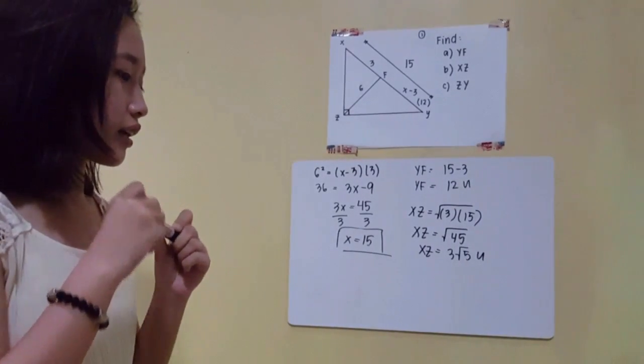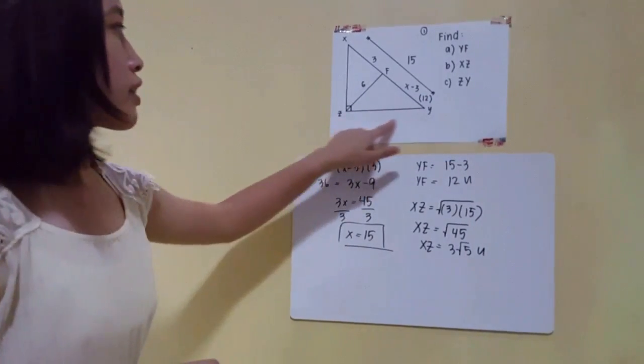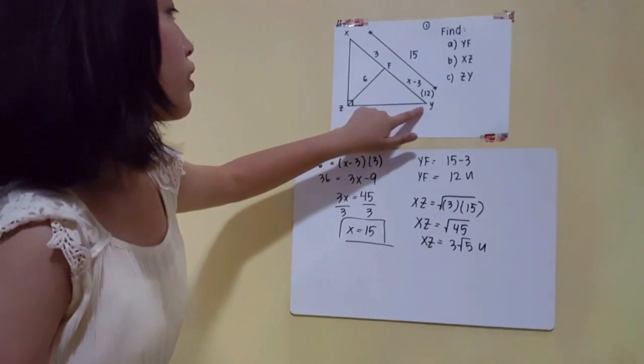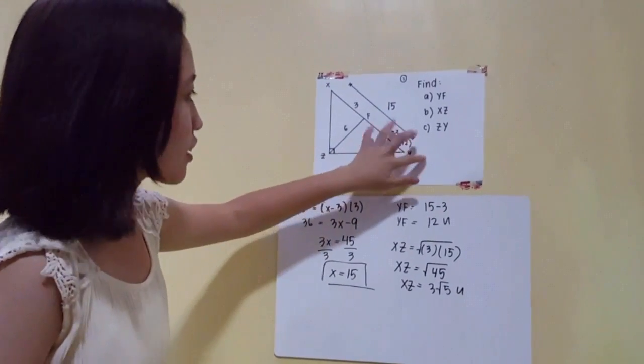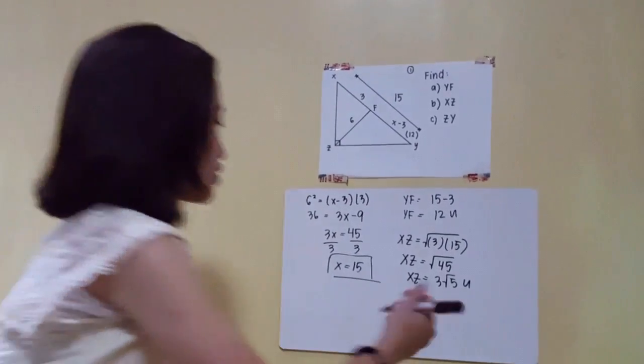Just like in XZ, this leg is equal to the square root of the product of the adjacent side and the hypotenuse.